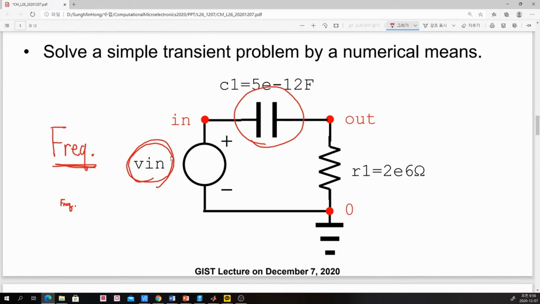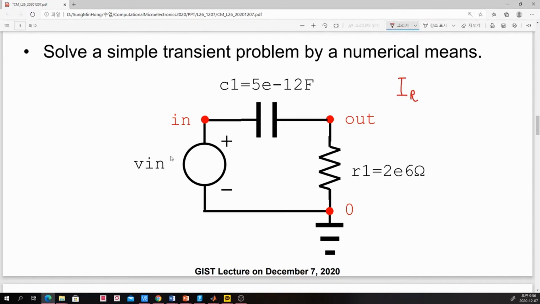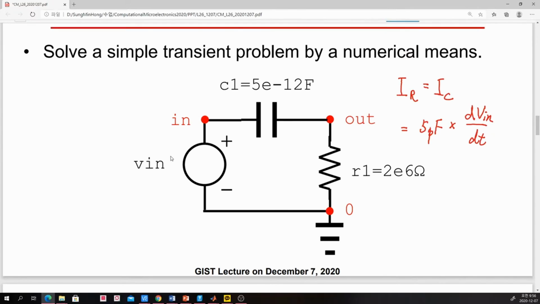So now we have just a capacitive circuit, and our current will be simply given by the resistor current. This is the same as the capacitor current and resistor current. That will just become 5 picofarad times the input voltage over dt. That will be our extreme behavior in low frequency.